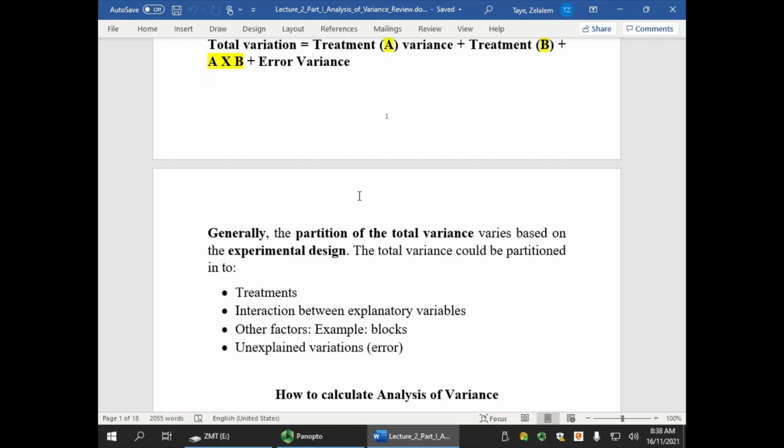Depending on the complexity of the experiment, if you have nesting and other things, there could be other sources of variation. And in general, then we have the unexplained variation, which is error. So always when we are doing analysis of variance, ANOVA, we are partitioning the total variation in your response variable into different components, and we will be testing how the different components contribute. This is a basic concept, and it is important to bear it in mind.